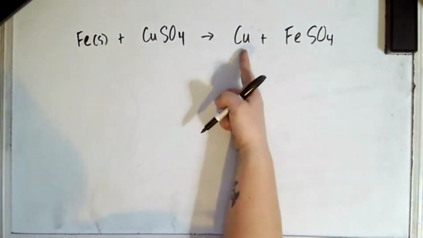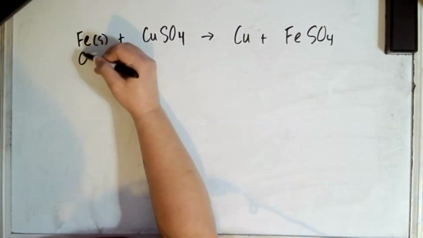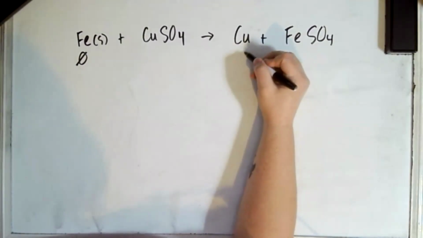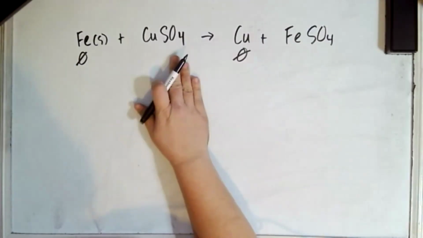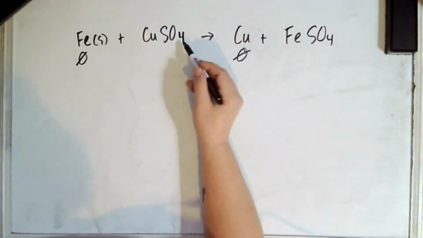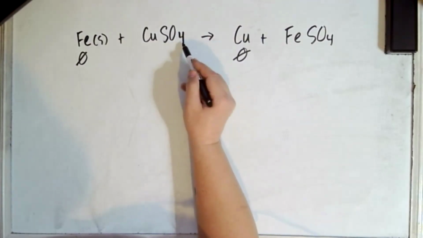Let's start out with our free elements. We know that our iron here is going to be 0 because it's a free element. Our copper here is going to be a 0 because it's a free element. In this compound, when you have polyatomic ions, right, we know that this is a sulfate ion.